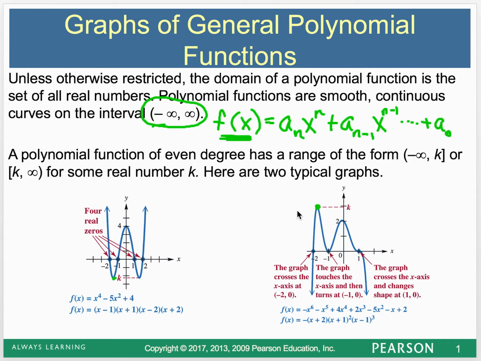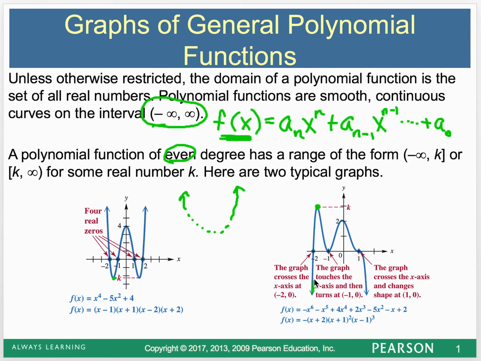Okay, so here's a couple of typical graphs. Notice this is a 4th degree polynomial. This is a 6th degree polynomial. The negative in front makes it upside down, just like the ones we've talked about before, just like the quadratics. And notice something, that all of these basically even degree functions, the outside, we're going to call that the end behavior, looks like a quadratic.